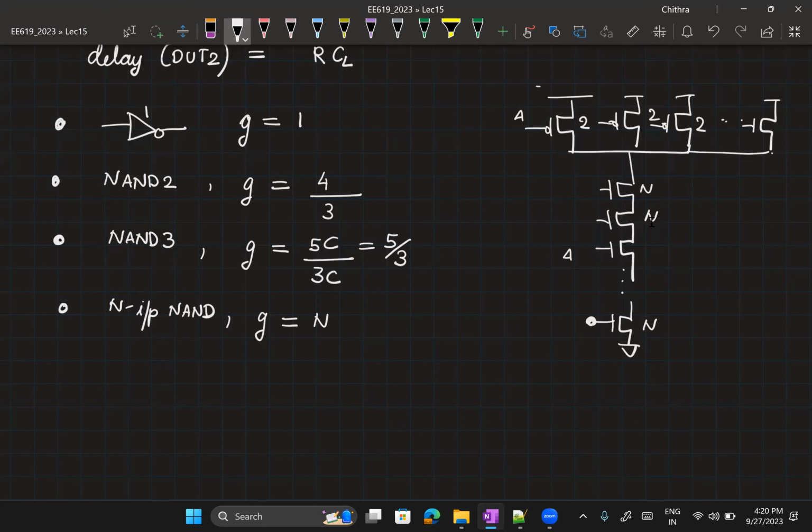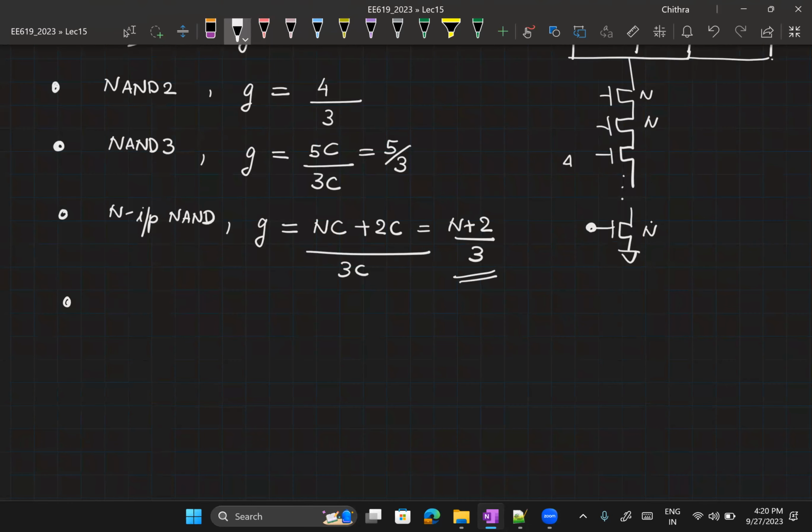You have N from the NMOS plus 2C from the PMOS divided by 3C. So this will give you (N+2)/3. Okay, so now you can quickly calculate for NOR2, NOR3, and an N-input NOR.